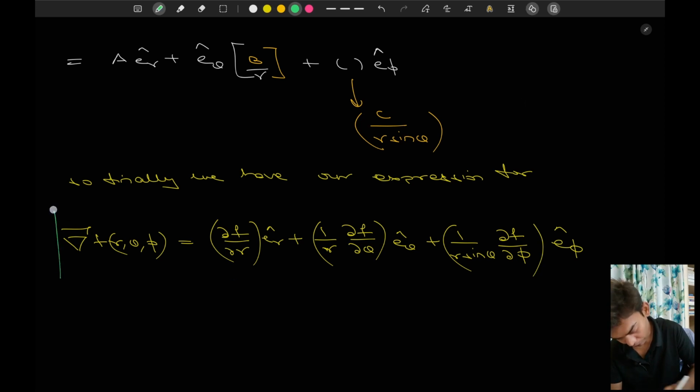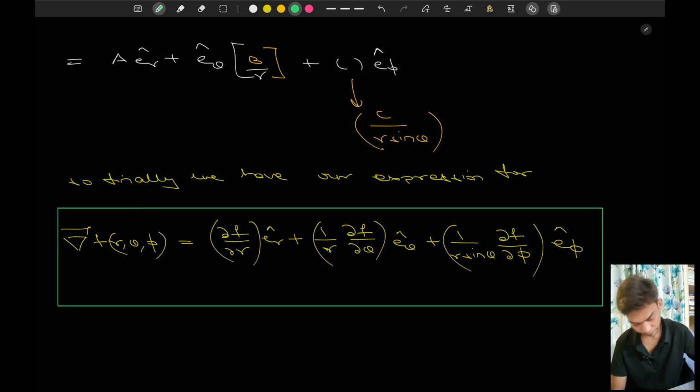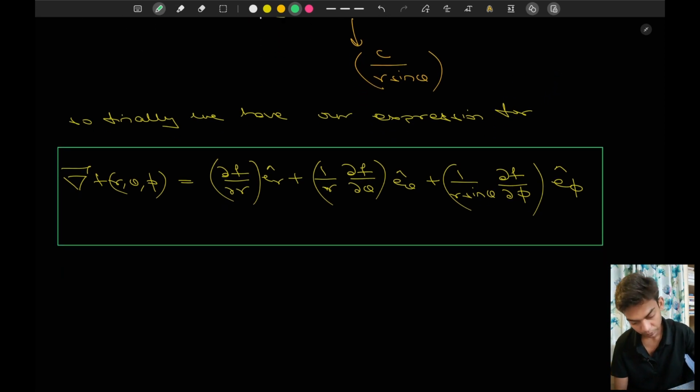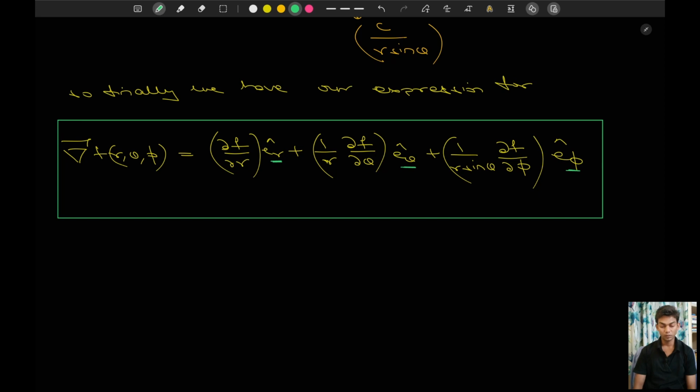Let me box this, because this is the result that we have been trying to achieve for the past 4 lectures. This is completely in polar coordinates, that is r, theta, phi, and we have er, e theta and e phi as the unit vectors. So we have achieved our task, and we have finally achieved it.